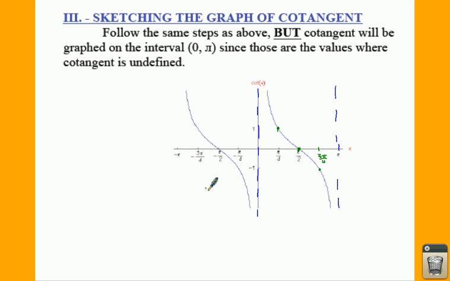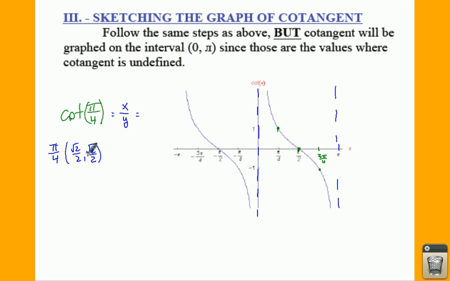Now your tangents were going up from left to right. Cotangents do go down from left to right. If you want to know how you get up 1 at pi over 4, well, if you go to the cotangent of pi over 4, the ordered pair at pi over 4 is radical 2 over 2, radical 2 over 2. So that means your cotangent is going to be an x over y, not a y over x.